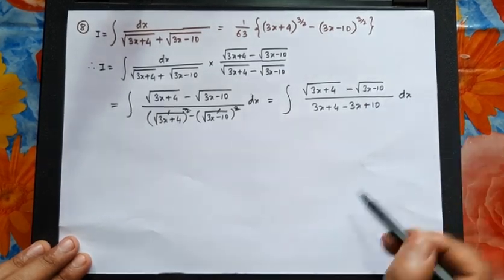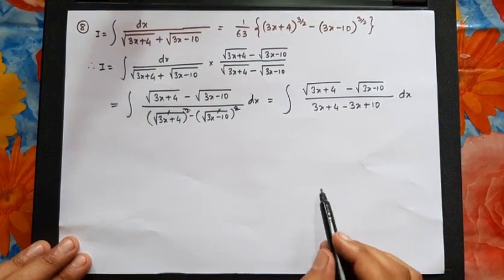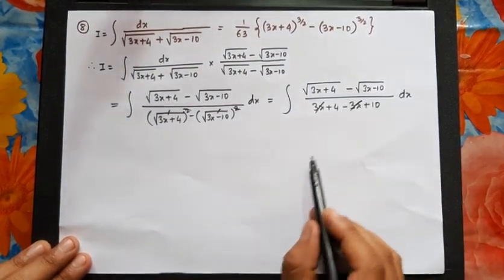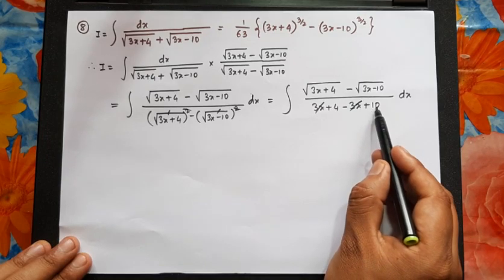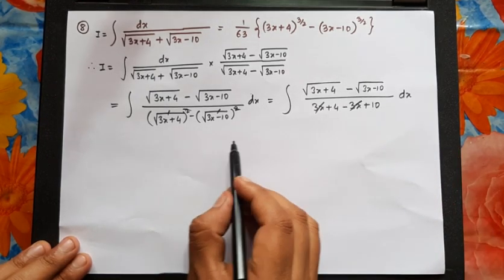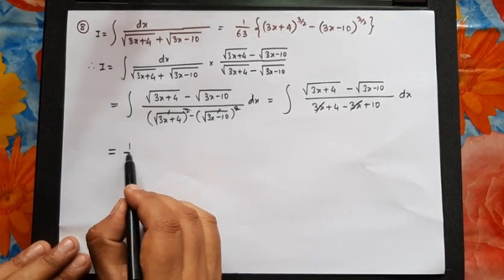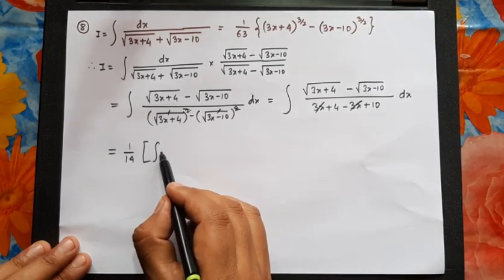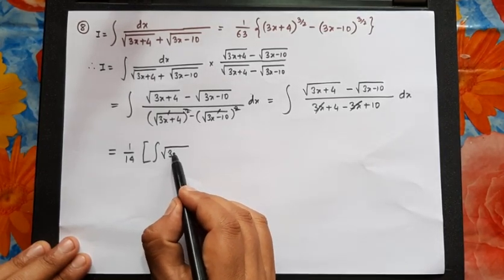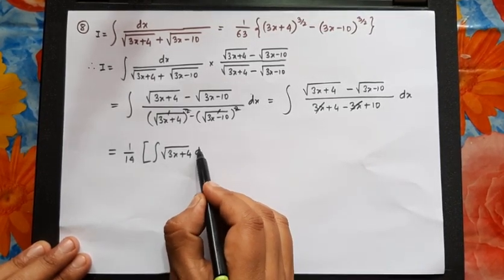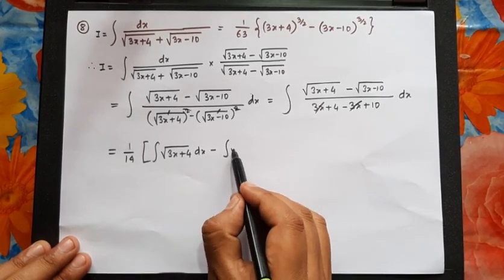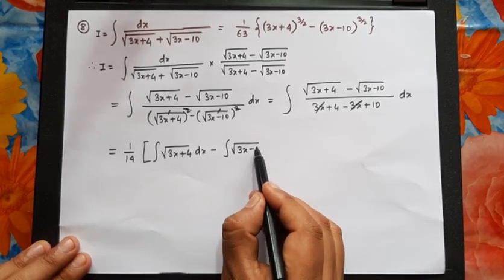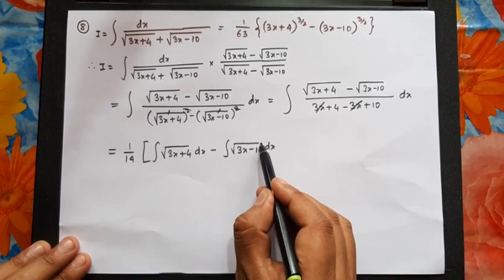So we have dx outside, right? So this and this gets cancelled. So 4 plus 10 is how much? It is 14. Okay, so this 14 will be kept outside. So if I keep this 14 outside, then I have two integrals. One is integral of square root of 3x plus 4 dx minus another will be 3x minus 10 dx.